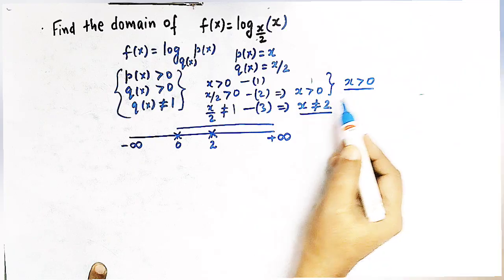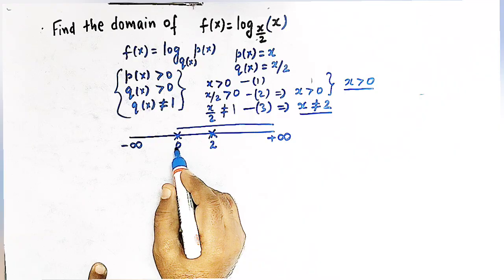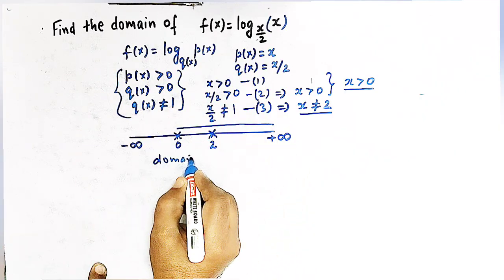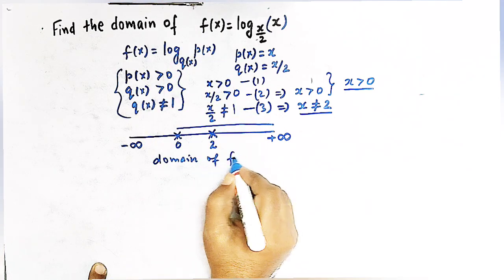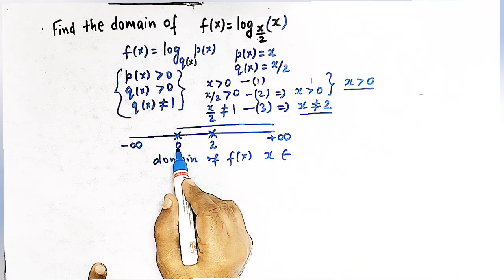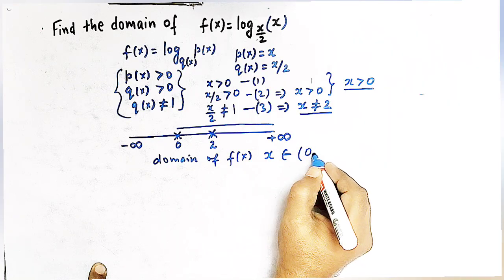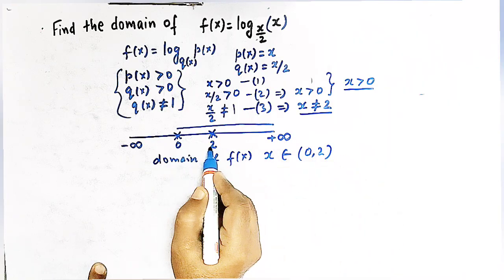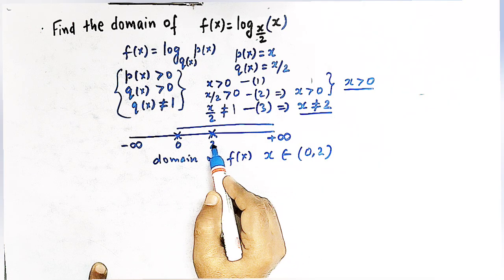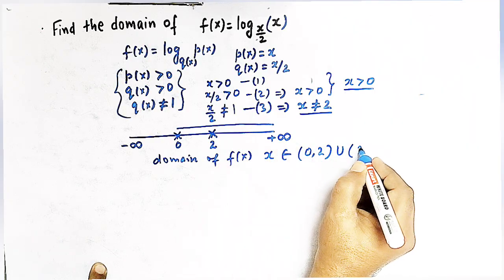Now if we combine these two conditions on this real number line, then we can easily write the domain. The domain of this function f of x consists of the values of x from 0 to 2, the interval from 0 to 2, where 0 and 2 are not included, and then the union of 2 to infinity.